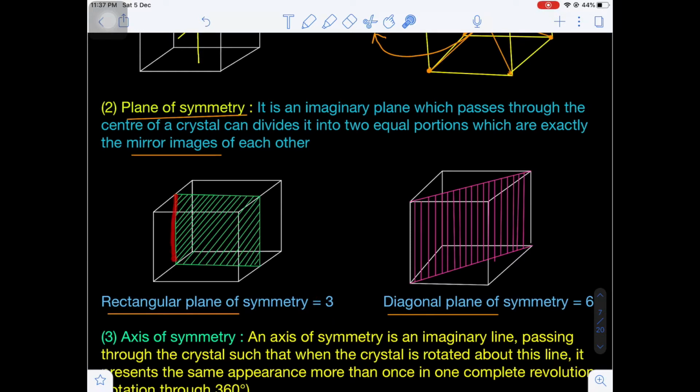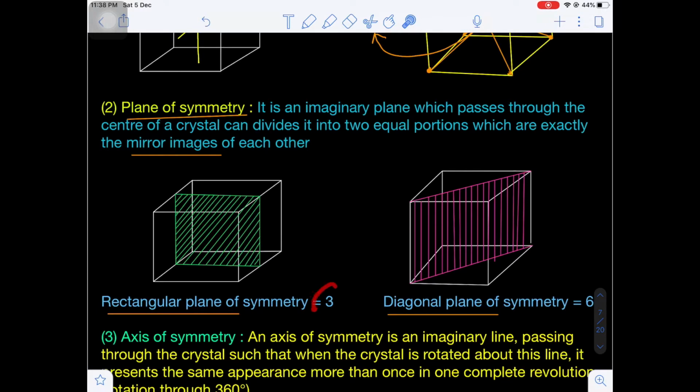One is like this, the second one is this, and one more rectangular plane of symmetry will be like this. Through each of these the crystal can be bisected into two equal halves.